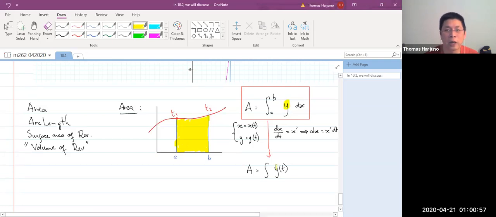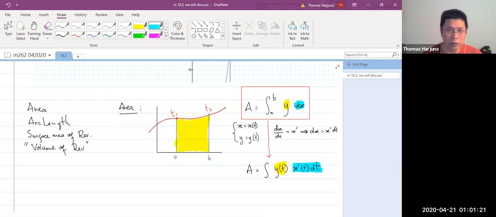Right? This guy now becomes this. The dx becomes x'(t) dt. Do you see that? And then the limits of integration, instead of from x equals a to x equals b, now become t1, t2. Is it okay?